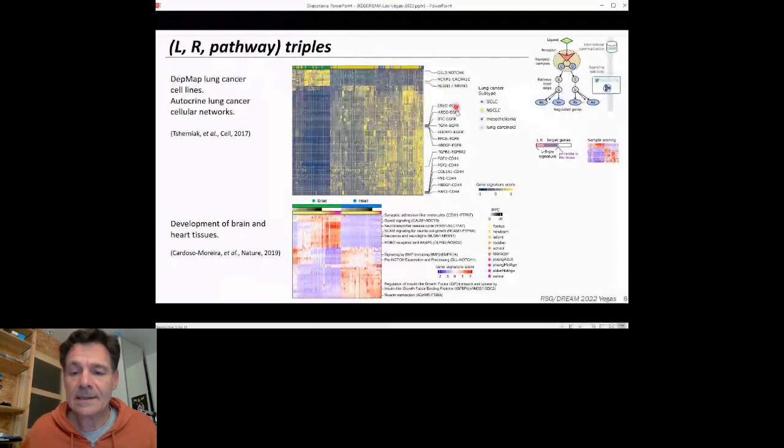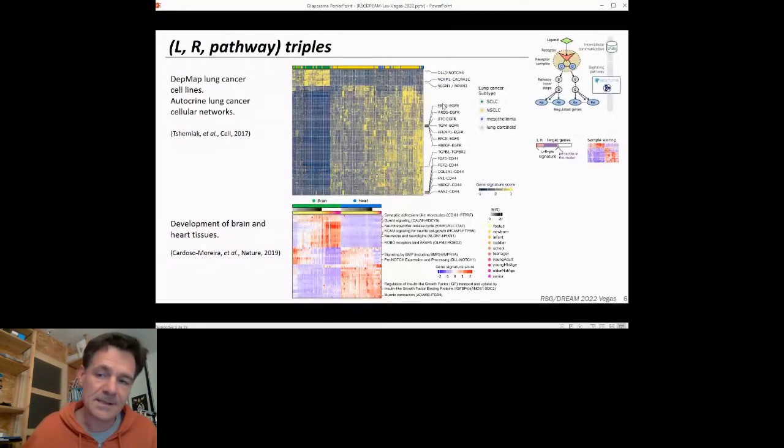You see that those activity scores of the different ligand-receptor interactions separate very nicely small cell lung cancer from non-small cell lung cancer, which is expected. These are very different tumors. And the interactions you find are pretty relevant. Some of them are pretty relevant to lung cancer biology.